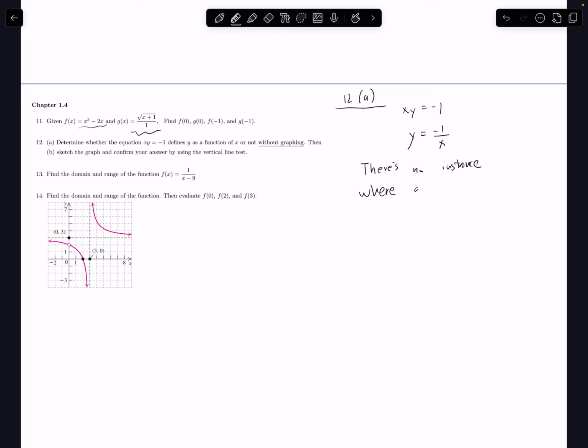where a single x is input that gives two or more different y values.